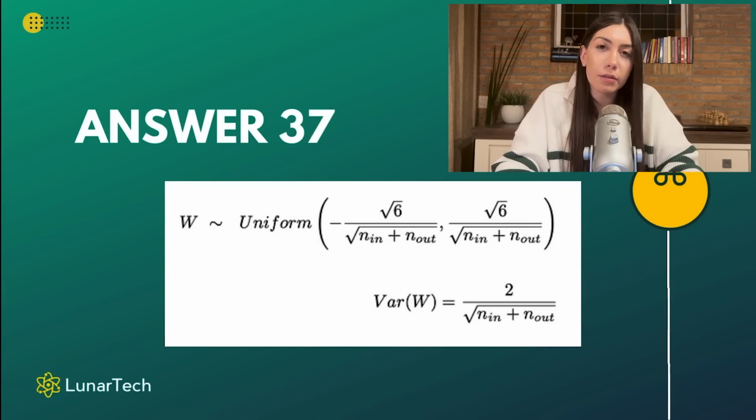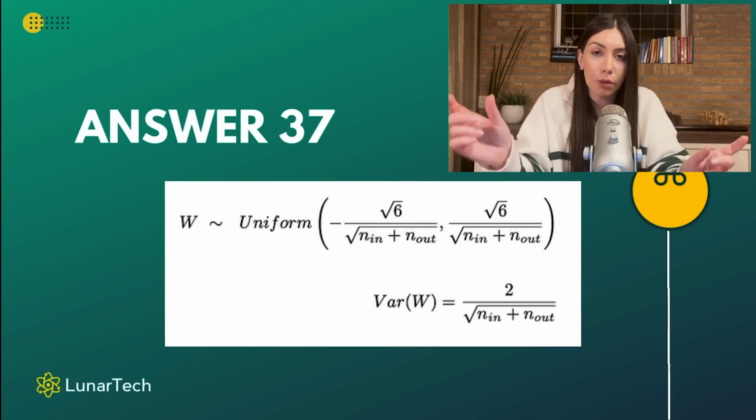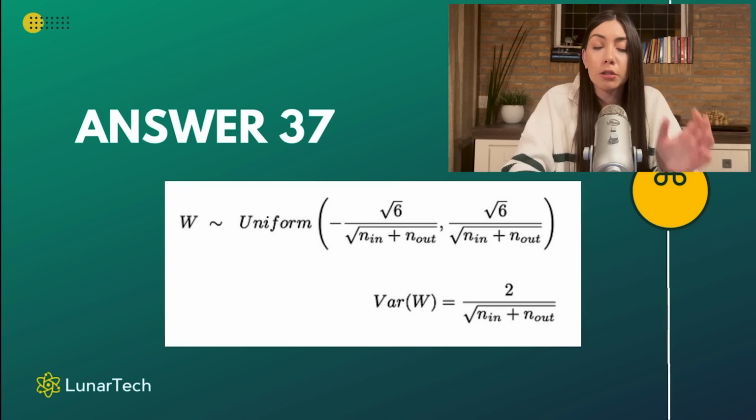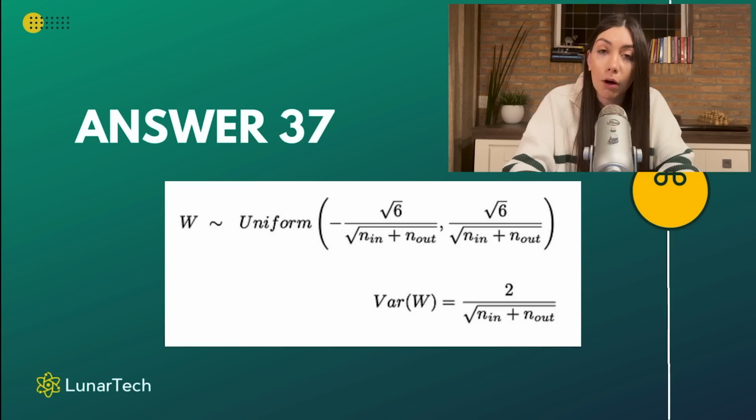Now, why this is important in our case, it is because if we use certain a and b, in this case you can see, using negative square root of 6 divided by square root of n in plus n out as a lower bound, and its positive version, so square root of 6 divided by square root of n in plus n out, then the variance corresponding to this random variable that follows uniform distribution with this lower bound a and upper bound b will be equal to 2 divided by n in plus n out.